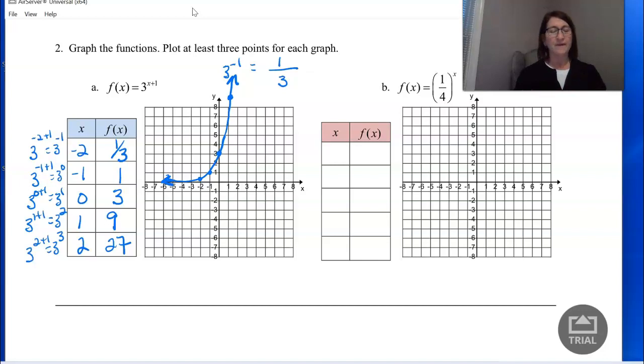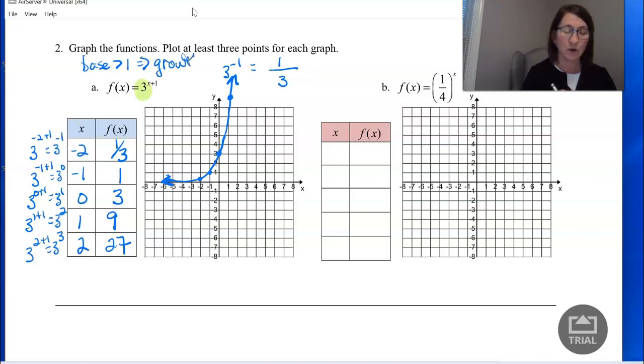Even before we began sketching it, I should have been able to look at that base and see that my base is greater than 1. It's actually a 3, and so that indicates it's going to be a growth curve where it swoops up. And sure enough, that's what we've got.